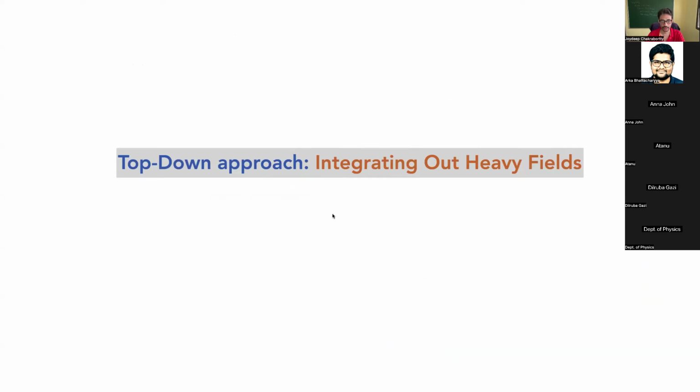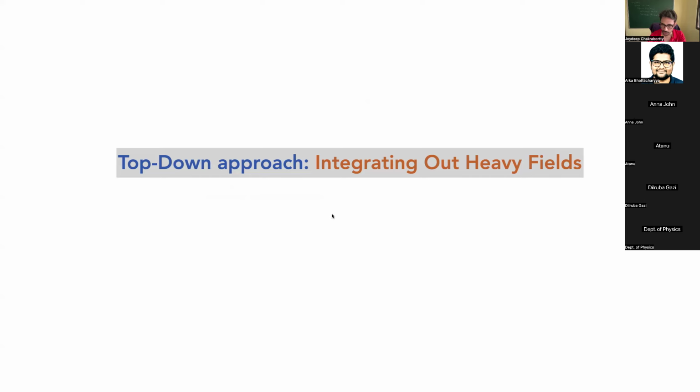Okay. Fine. So now we'll move to another complementary approach, which is called the top-down approach. In the top-down approach, the main notion is basically learning the integrating out. So you start with the UV theory, unlike the previous case.